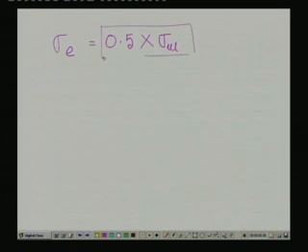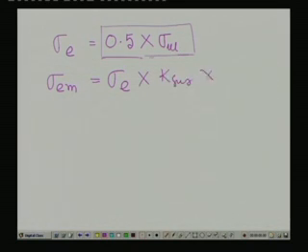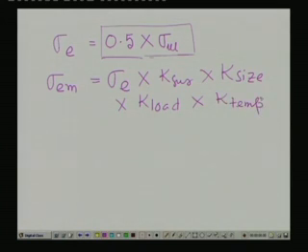Please look into your notes of what we have given earlier. Then we multiply this sigma endurance for the machine element by K surface, K size, K load, K temperature, and K miscellaneous.